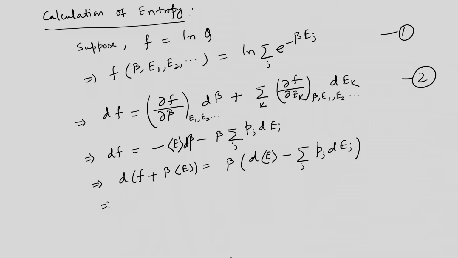So we get df plus beta E average equals beta times dE average minus the sum of pj dpj.